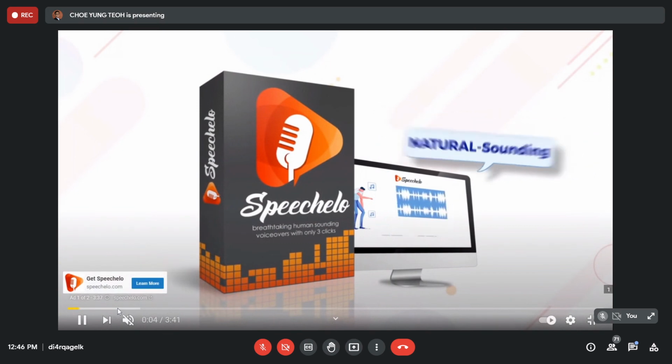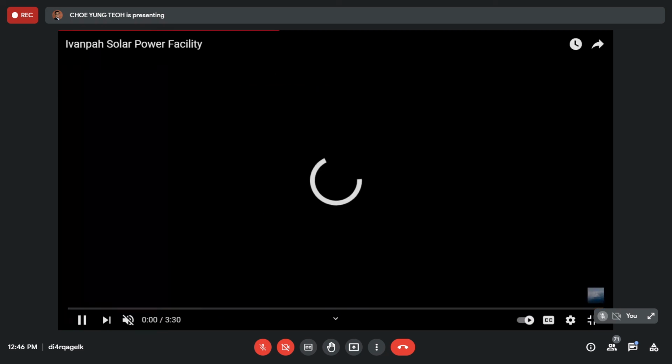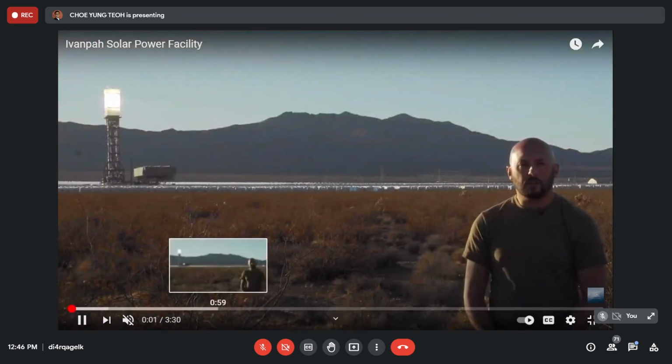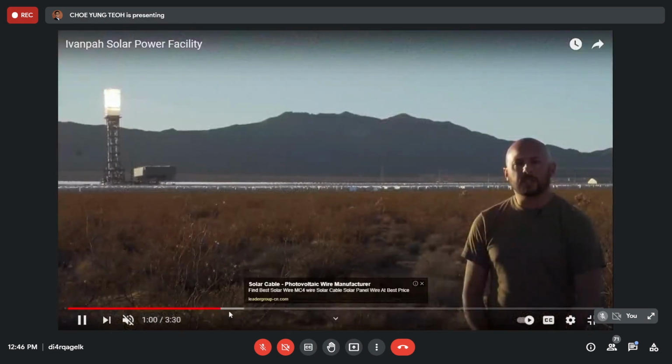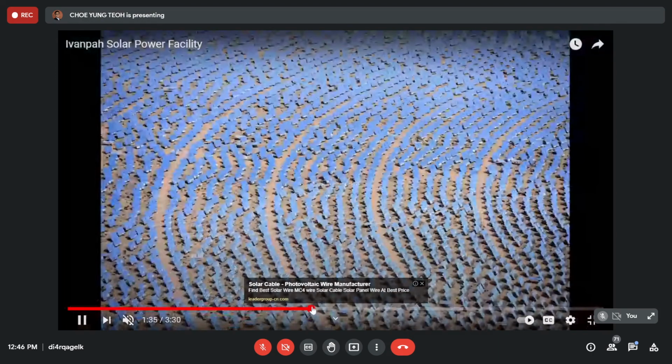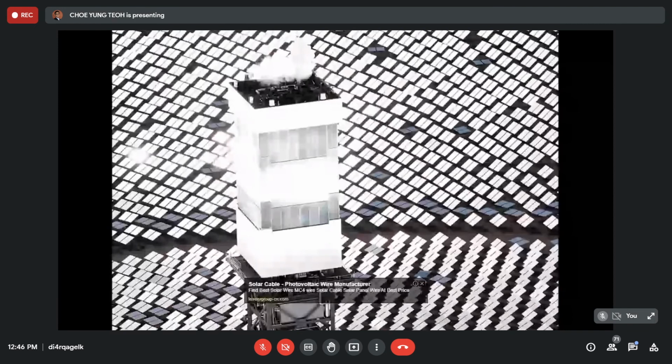You can see there's a lot of spacing between the mirrors, quite a big space between them. So in terms of space usage, I think the photovoltaic panel is still much better than this solar power facility.